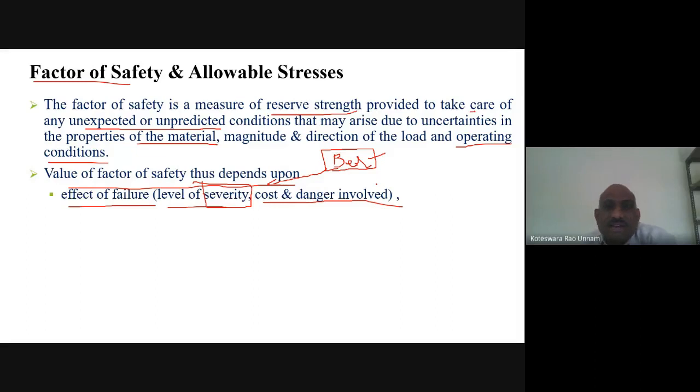It is not going to be a big deal, or there would not be much lost time. You can easily replace that bearing and then start production again. That means there may be low damage to the cost or less danger involved. In such situations, the design engineer will generally consider only a low factor of safety.